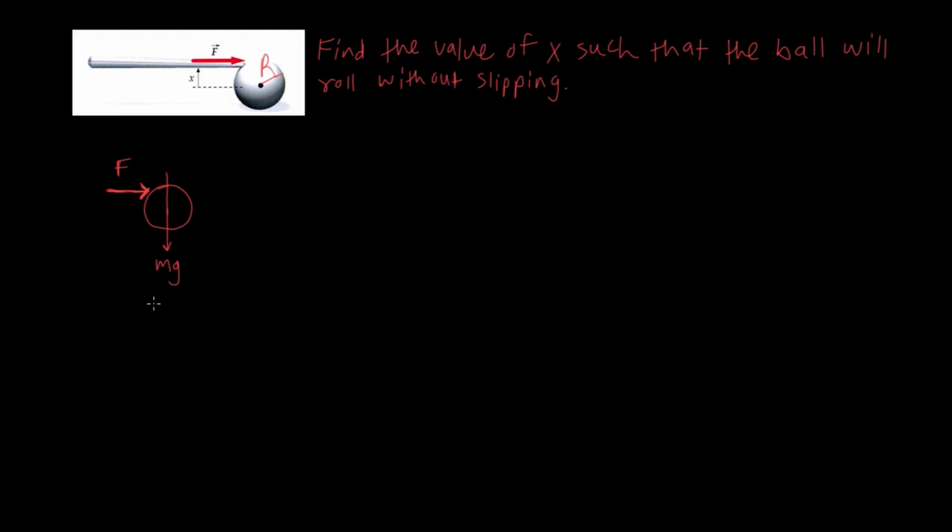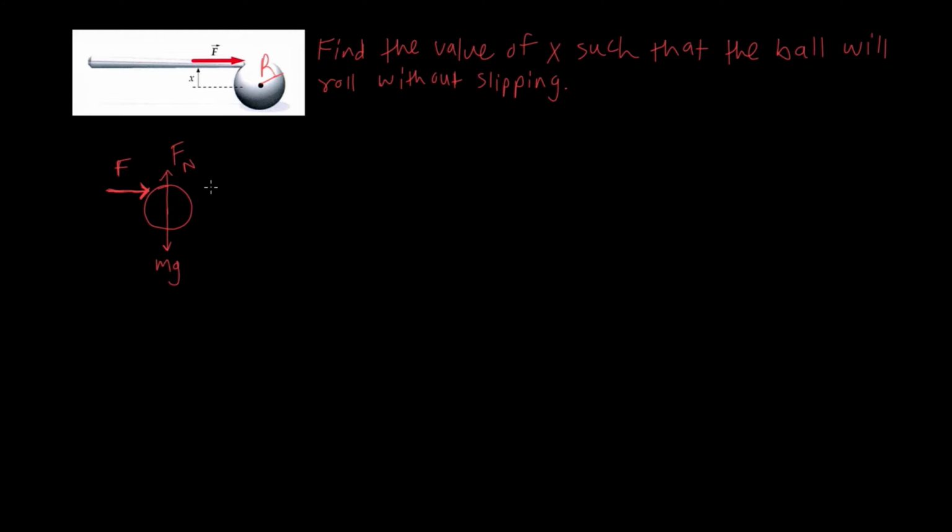Pointing straight away from that weight force is the normal force, and that normal force is due to the ball's contact with the surface of the floor. Also in this problem, we're ignoring any frictional forces. So the coefficient of friction, or the frictional force, is just 0.